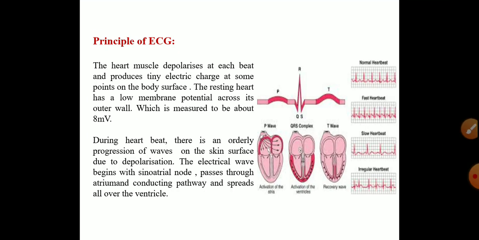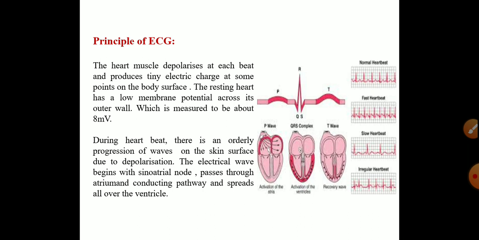Now let us know about the principle of ECG. As we all know, our heart consists of 4 chambers, 2 upper chambers and 2 lower chambers. The 2 upper chambers are called atria and the 2 lower chambers are called ventricles: left and right atrium, and left and right ventricles. So in the process of heartbeat, what happens?